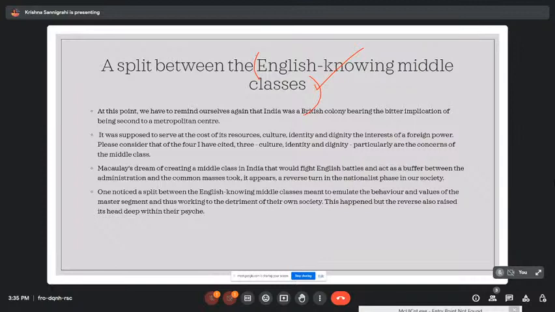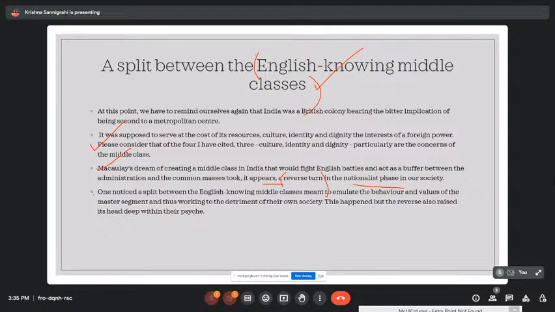So it was supposed to serve at the cost of resources, culture, identity, and dignity. And Macaulay's dream of creating a middle class in India that would fight English battles and act as a buffer between the administration and common masses took, it appears, a reverse turn from what he intended. Instead of that, it became the opposite in the nationalist phase in the society, because they were against the foreign language.